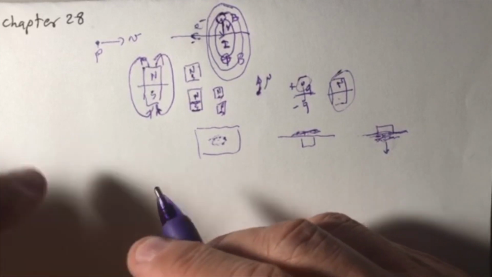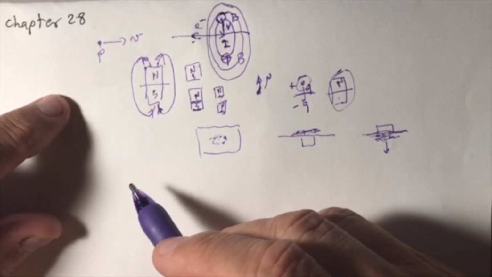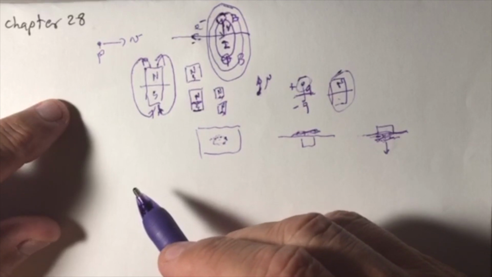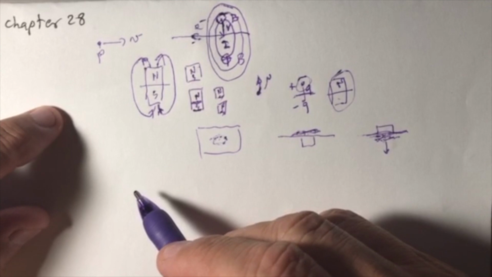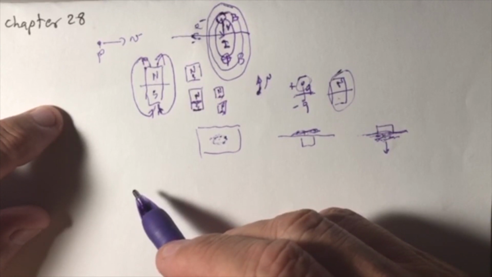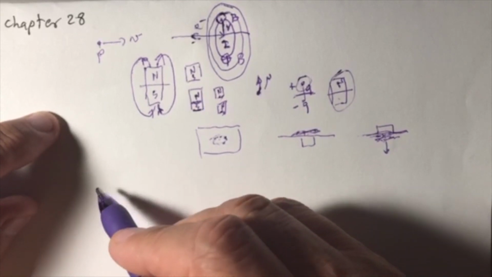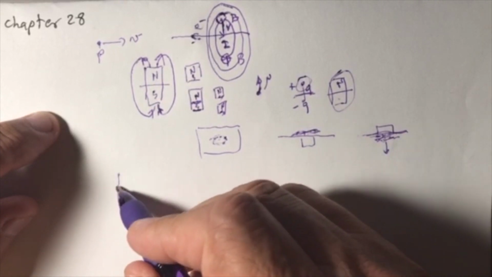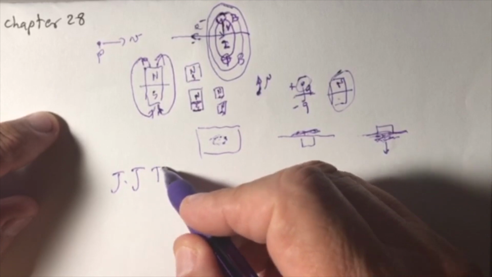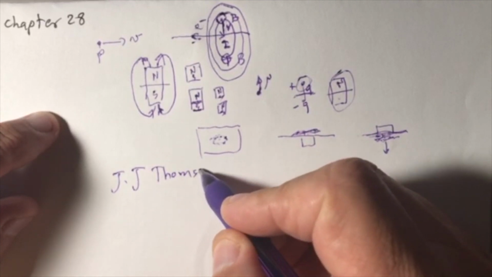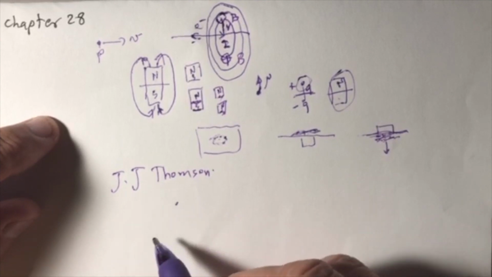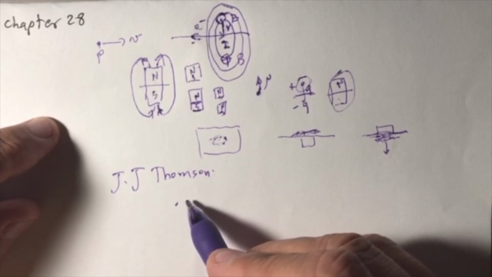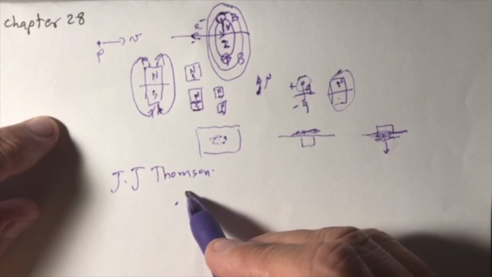Now you can look at the effect of the magnetic field on an electron, and a scientist by the name Thomson, I think, this guy, he took an electron like this, and then he generated some difference of potential.